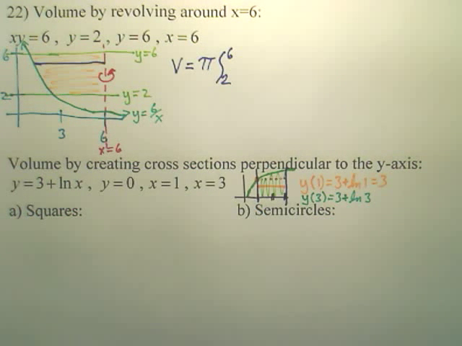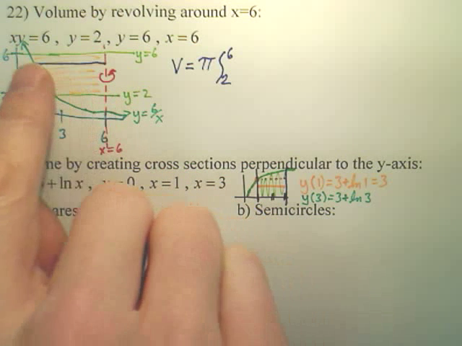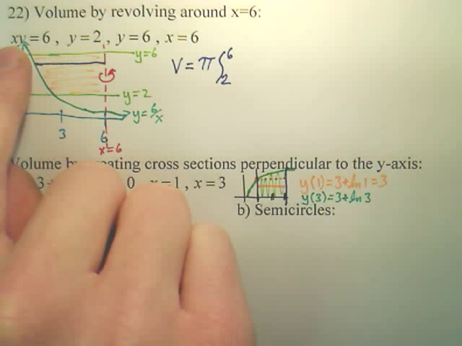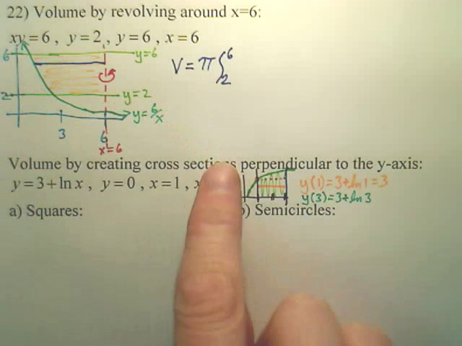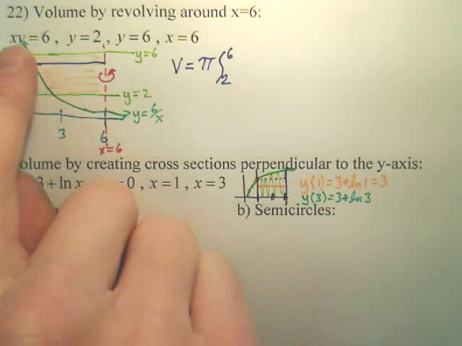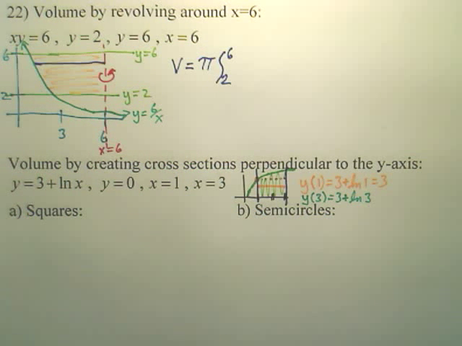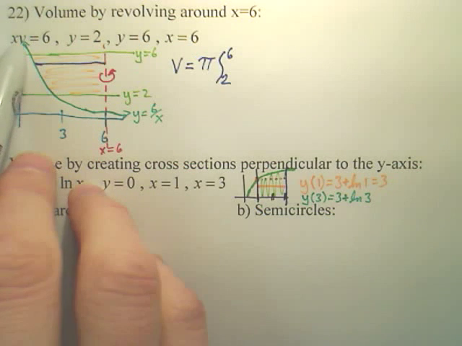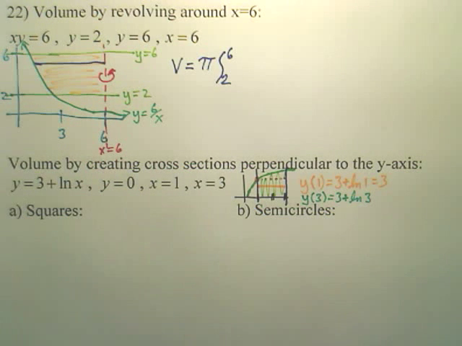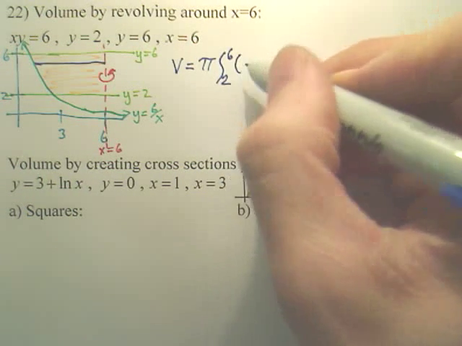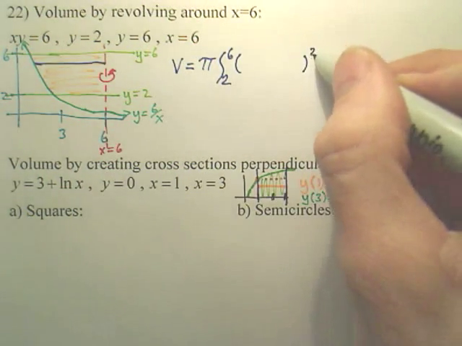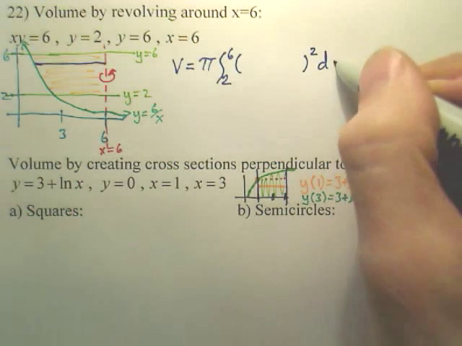Now, here's the problem. If we're going from here to here, isn't this in terms of x, not y? Here are the functions in terms of y, but what would this be in terms of x? Well, hopefully you realize if I want this in terms of x, I'm going to just divide the y over. So it's pi r squared, but it's going to be dy.